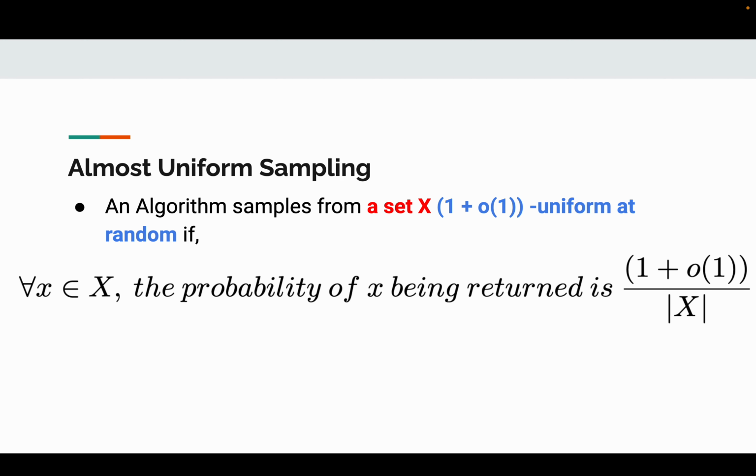This means that when we sample from a set X, each element small x has a probability of being chosen that is nearly equal to the inverse of the set size, adjusted by a small factor of 1. In our specific case, the factor is approximately 1 over log n, and the size of X is at most a polynomial in n. So this approach ensures that all elements have a nearly equal chance of being selected, which is crucial for the fairness and effectiveness of the sampling process in the algorithm.